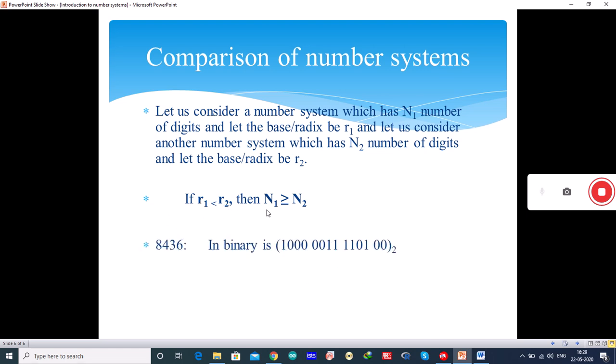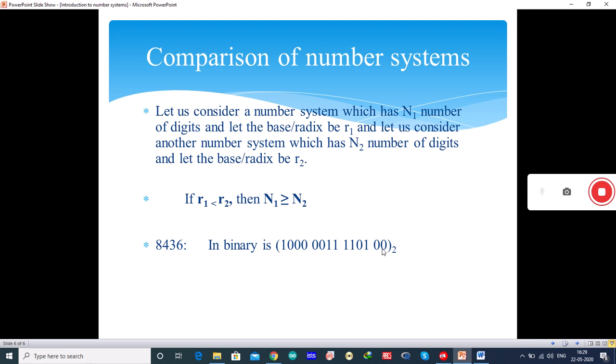For this, let us consider the same number 8436 that we have taken. In binary we write it as 1000011110100 base 2. If you see here, the base is 10 and we require 4 digits to represent it. Here the base is 2, so it is decreasing.